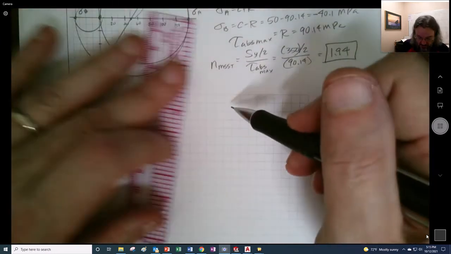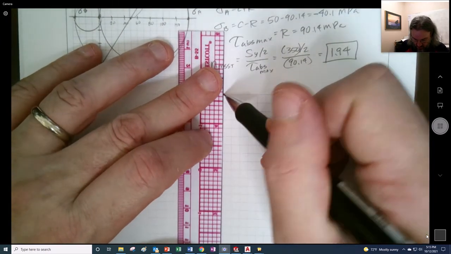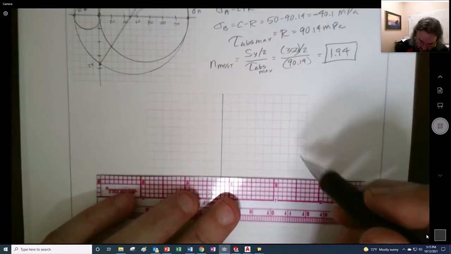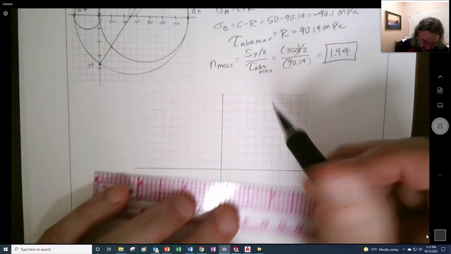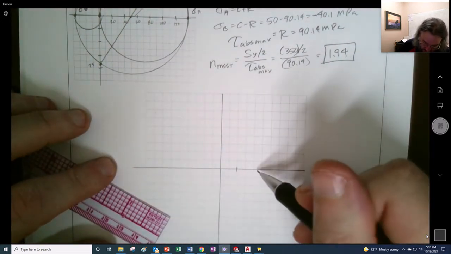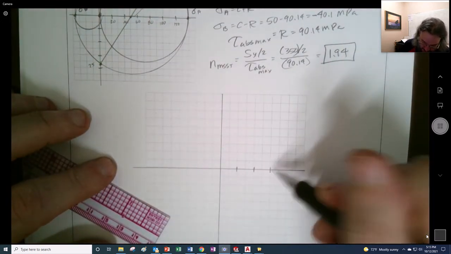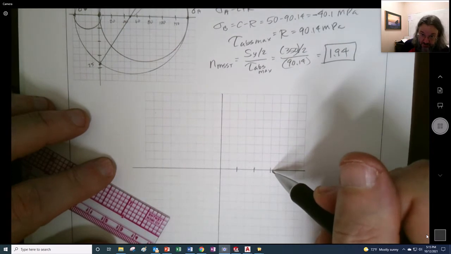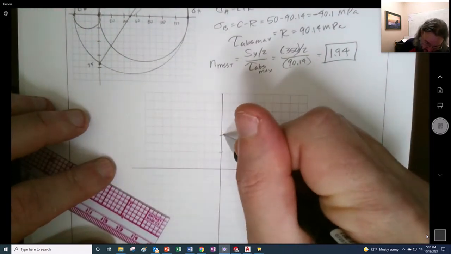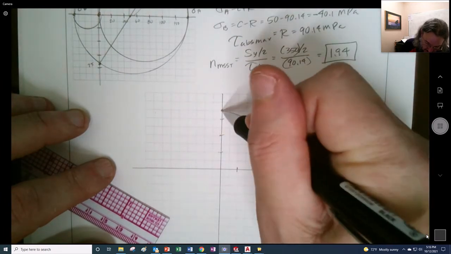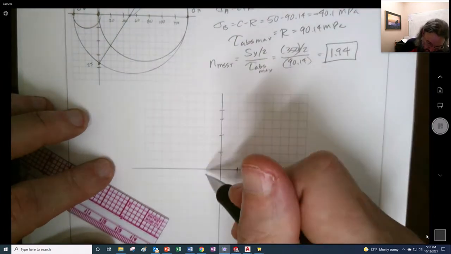But let's go down to here and do our failure loci. See, I remembered to call it that time. I think I go by 100s by here, every other one. So that right there is 300, here's 350. And there's 100, 200, 300, here's 350.